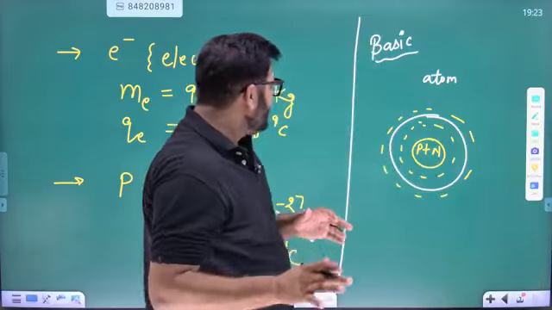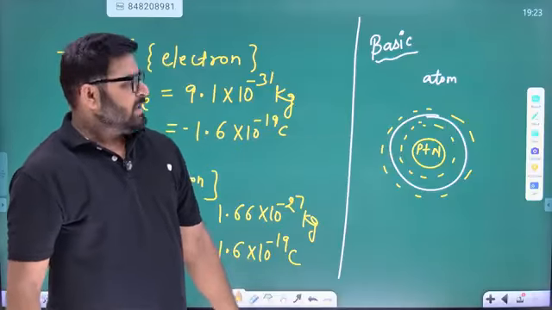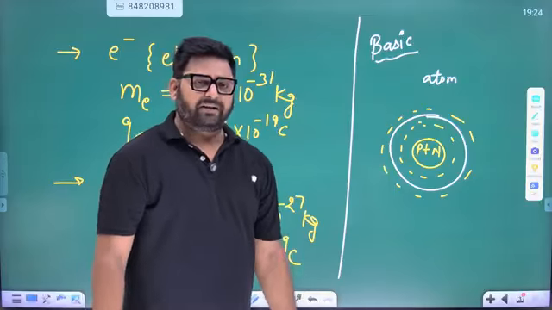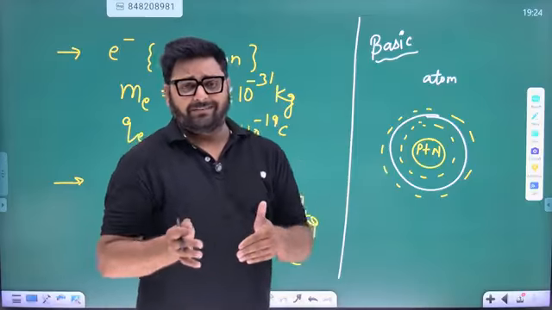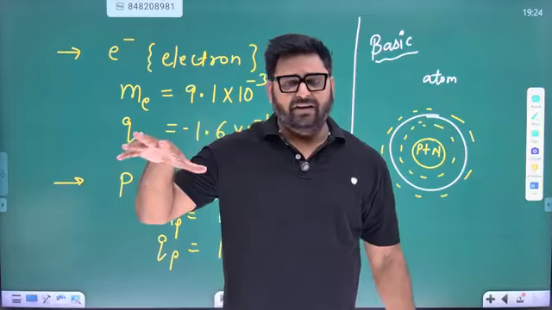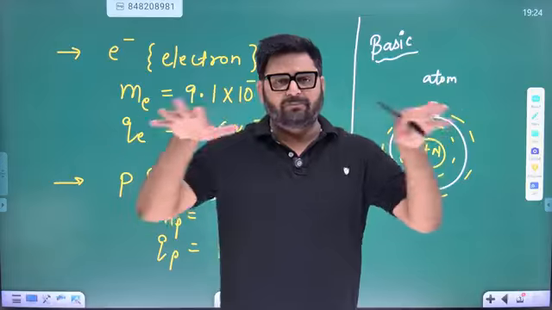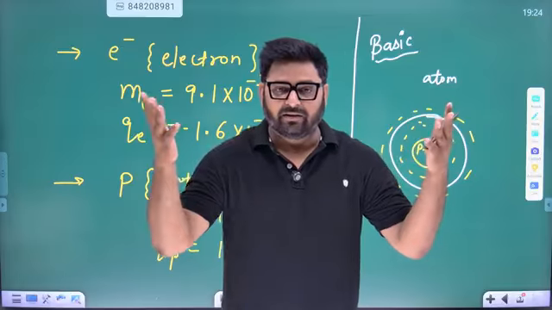All right, the same thing happens with the number of protons and the number of electrons. Protons remain the same. So if electrons go out, automatically the number of protons becomes greater than the number of electrons. A body has 10 protons, 10 electrons. If the number of protons and electrons are the same, the charge is balanced and the body is known as a neutral body.